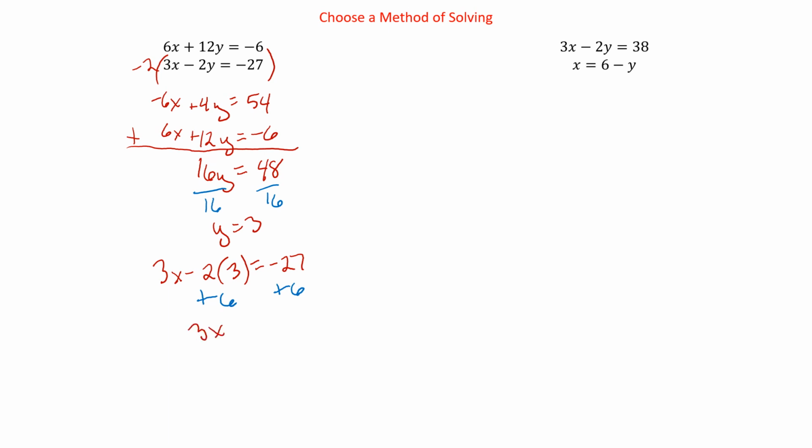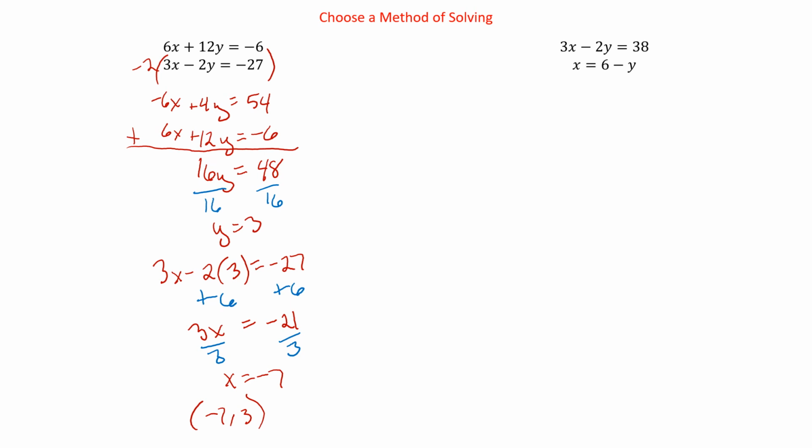So we get 3x equals -27 plus 6 is -21. Divide by 3 to get x equals -7. So we have (-7, 3). And you can always plug that into the upper equation to check your answer.